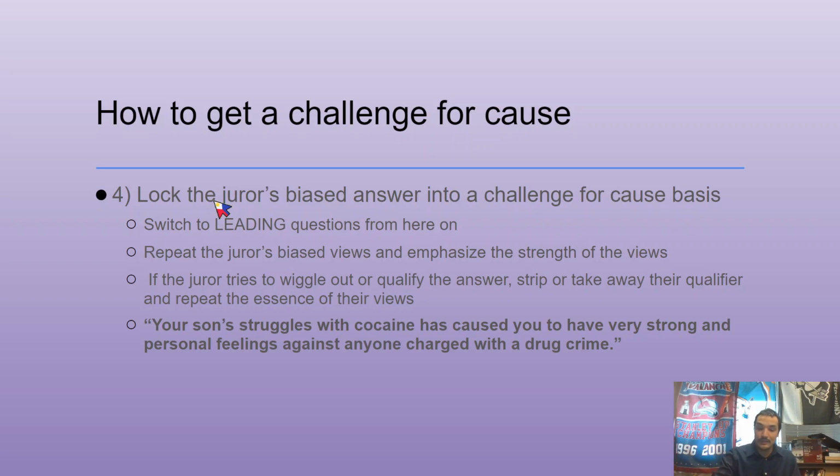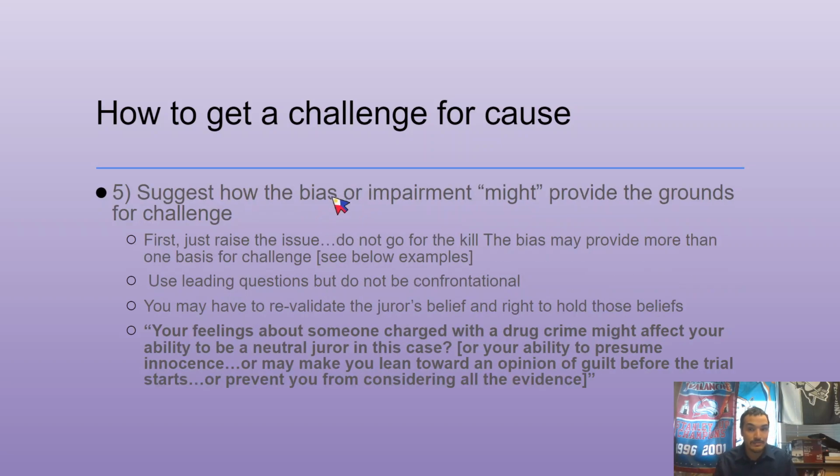Because your son had a drug charge, do you feel strongly about cocaine? Right? That's a leading question. Because you went to rehab, do you have preconceived notions about people charged with drug usage? Right? Both of those show that they have one of the three types of impairment that was on that first slide. By asking yes or no questions, right? We're locking them in.